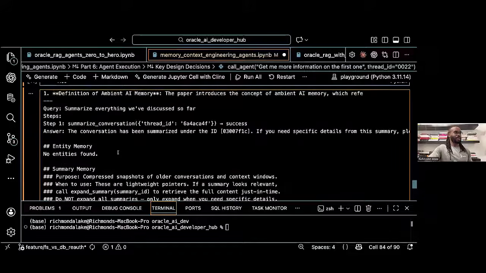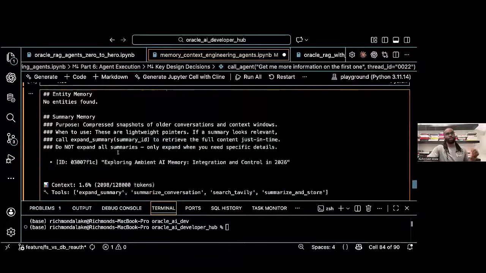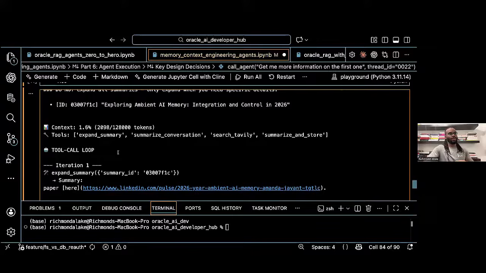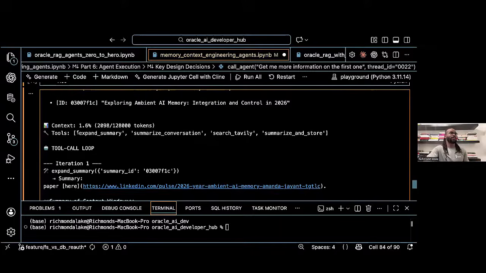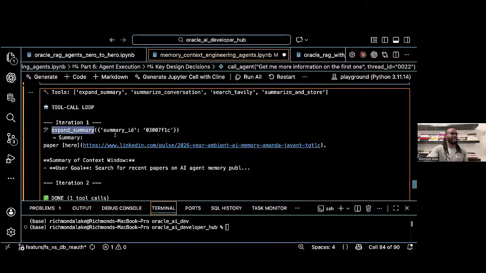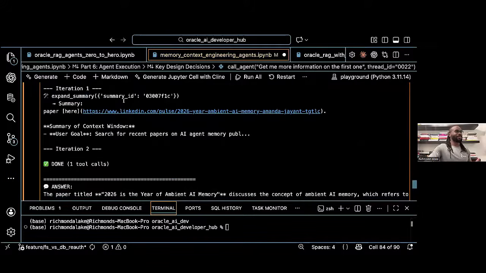The workflow memory would capture the steps we took before, because before we used the tool, workflow memory would capture that as well. Then we can see it's expanding a summary. It shouldn't be doing that, but this is why agent-triggered tools are sometimes not what you expect. You can't predict what they're going to do. So we've told it to expand.